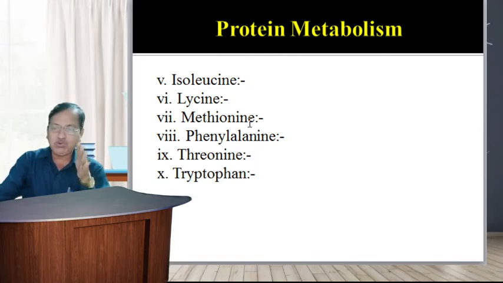Relevant enzymes include. Next, 8 is phenylalanine, which is biosynthesized from prephenate, converted to an amino acid specific intermediate. This process is mediated by phenylalanine. Next is threonine.